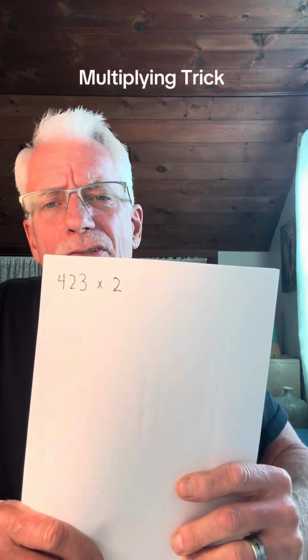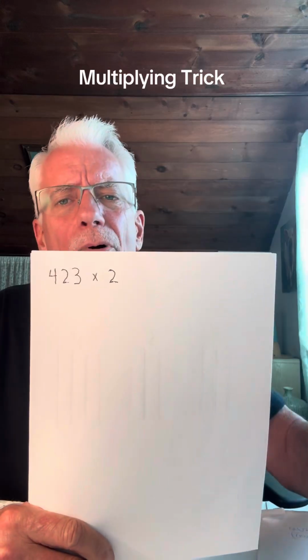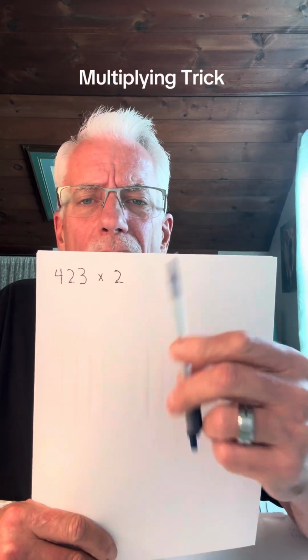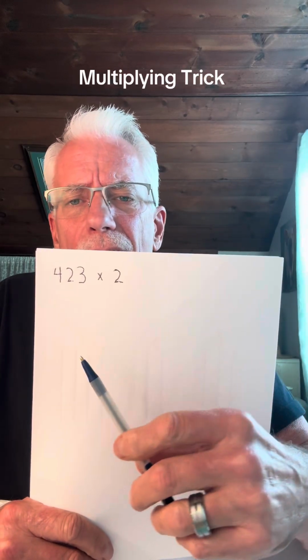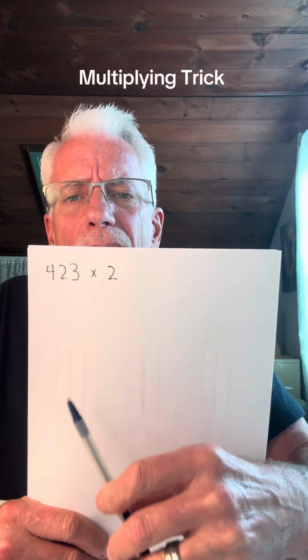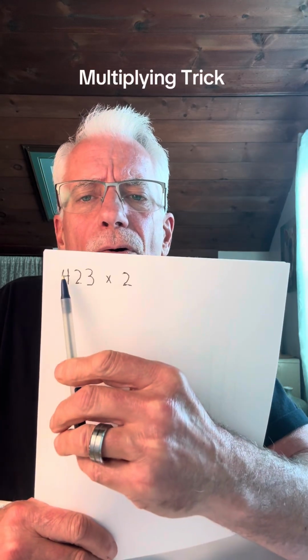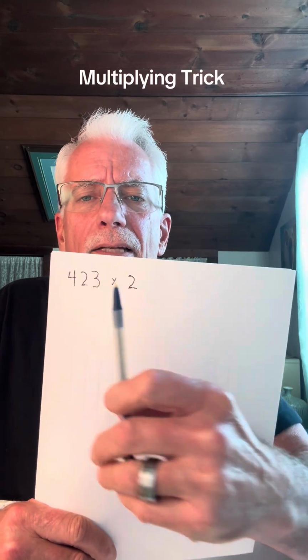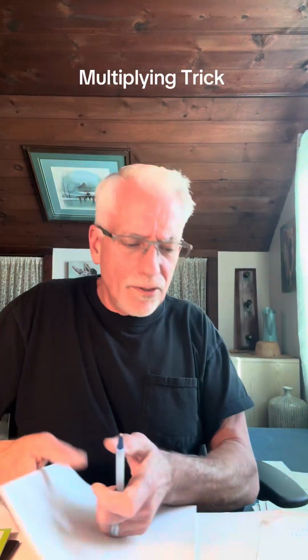Let's do another one. Let's do a 3-digit number times a 1-digit number. Now this trick is only good if we're multiplying by a 1-digit number, but this will help you, you guys. I mean, you got to do 1 digits here and there on all kinds of things. So if you forget, you can do these things. I'm going to do 4 lines, 2 lines, 3 lines, and then I'll intersect them with 2.